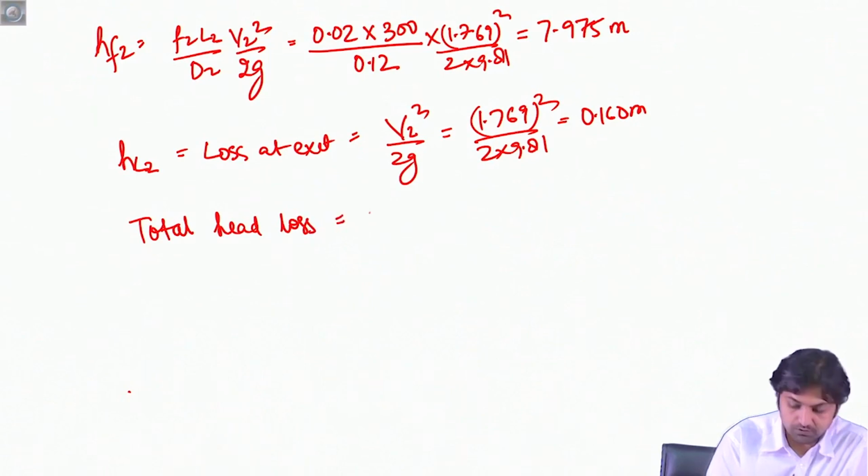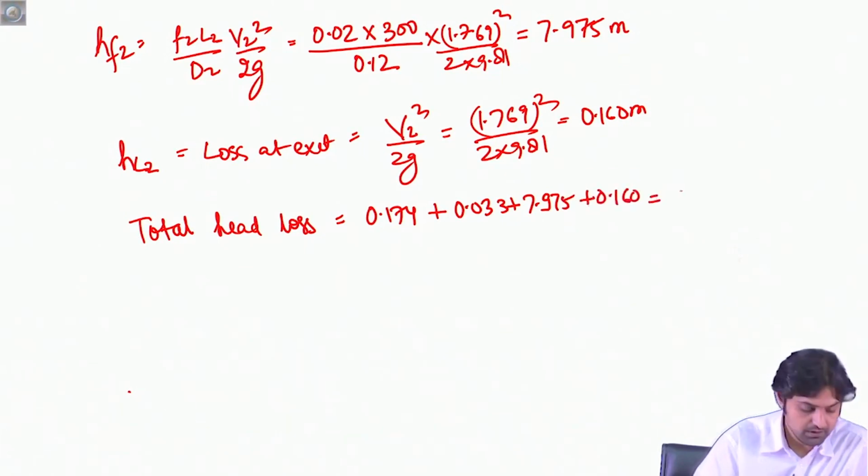So the total head loss is going to be 0.174 plus 0.033 plus 7.975 plus 0.160, and this is going to be 8.342 meters.